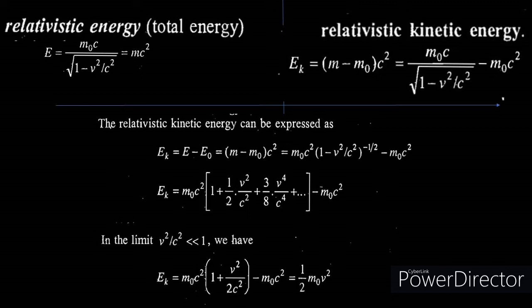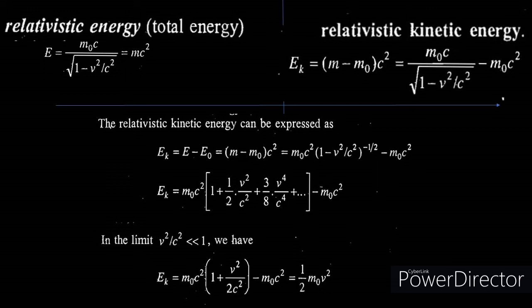Now you can expand the terms in the bracket using binomial expansion. So you would get Ek is equal to m0 c square into 1 plus 1 by 2 into v square by c square plus 3 by 8 into v raised to 4 by c raised to 4 plus etc., minus m0 c square.